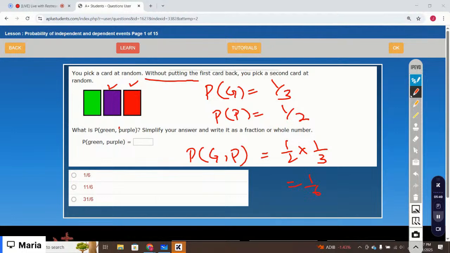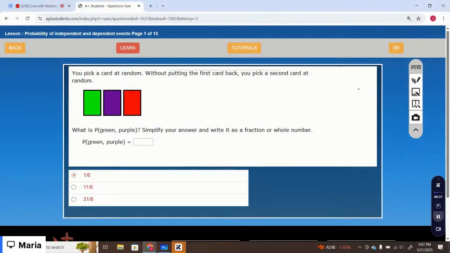Option number 1 is the correct option, that is 1 by 6.